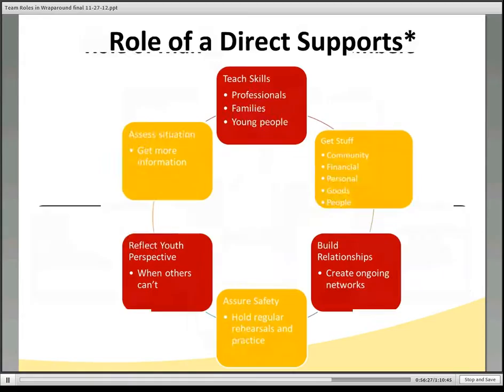So the role of direct support really is those folks that we have on the team that are sometimes known as behavioral specialists or therapeutic behavioral specialists. And when I worked in Los Angeles, I had the advantage of being able to work within a wraparound model and a wraparound team that actually had that role as part of the wraparound team.